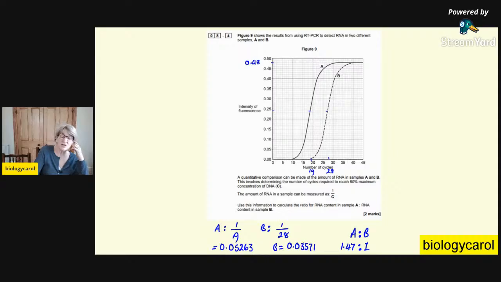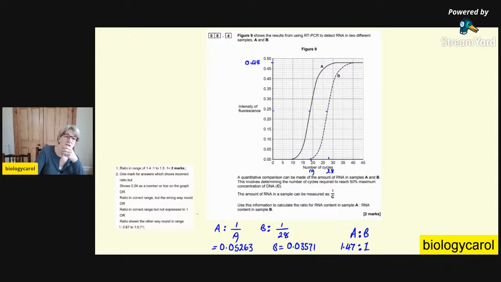And therefore you divide both numbers by this B number, because obviously this number divided by this number is 1. This number divided by this number is something bigger than 1, which is 1.47. So there is your ratio. So there's the mark point, and I got the 2 marks.